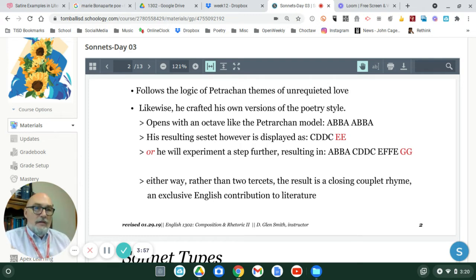The big difference here is that the English do not like the tercet concept that the Italians promoted in their version. So rather than have 2 tercets to closing, they want the couplet rhymes.